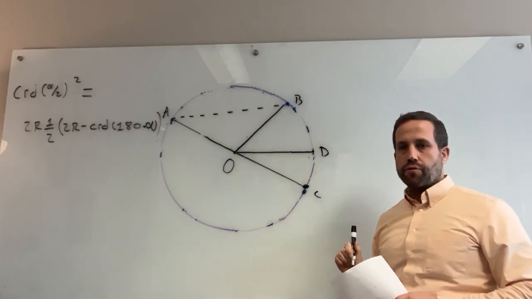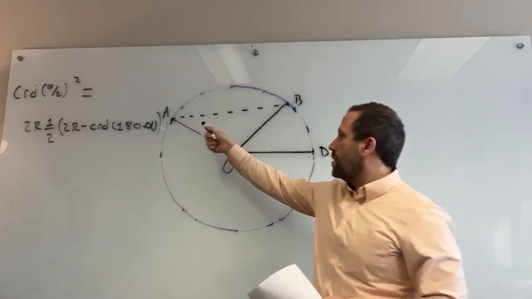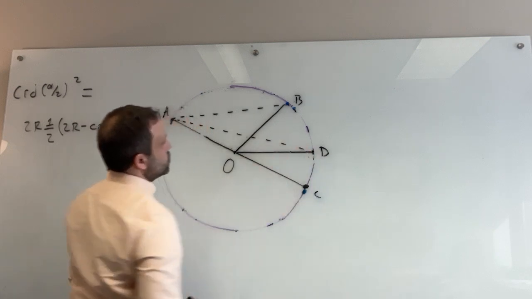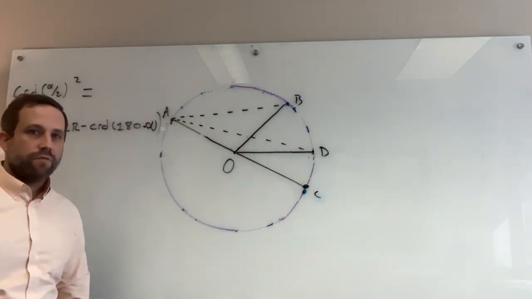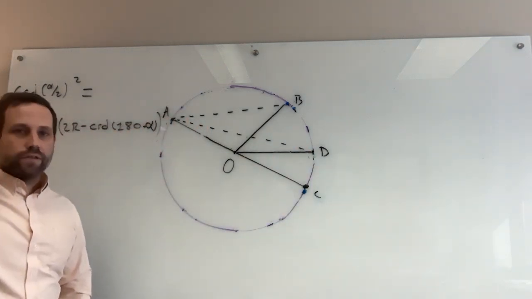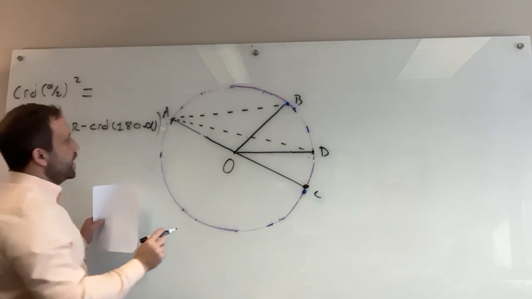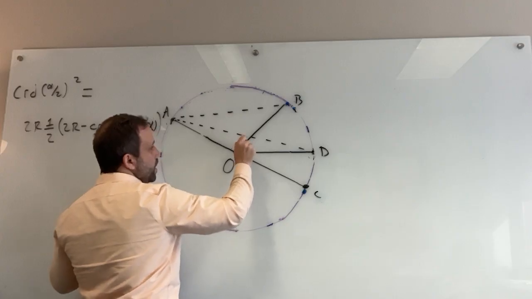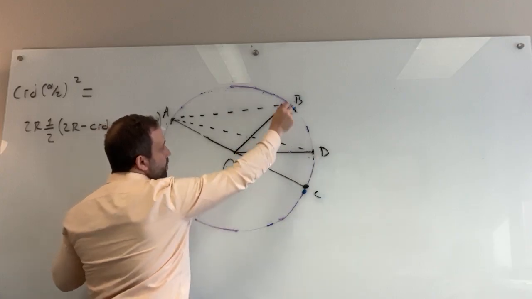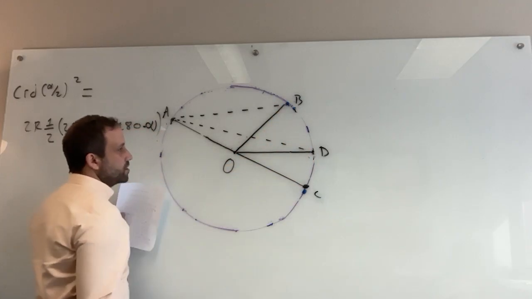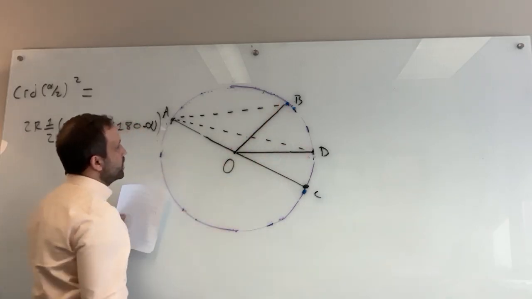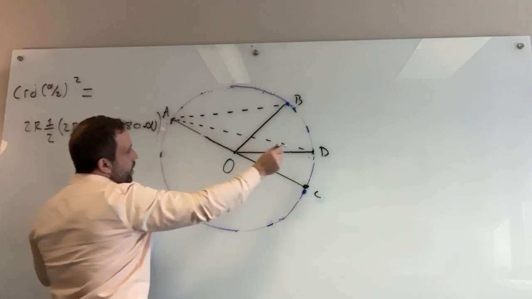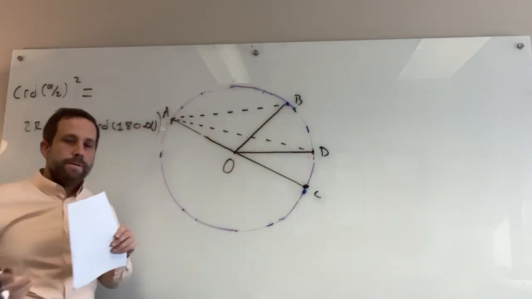The first step in the proof is I want to draw a line segment from A to D and make a couple of observations about that. The first observation is that this angle is alpha over 2, and this arc length that it traces out goes from B to D. This angle here, beginning at A, also traces out the same arc length.